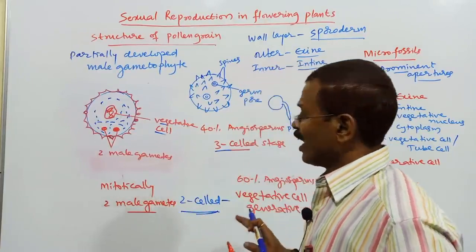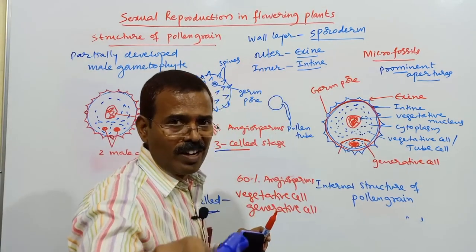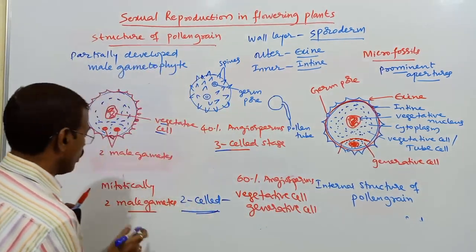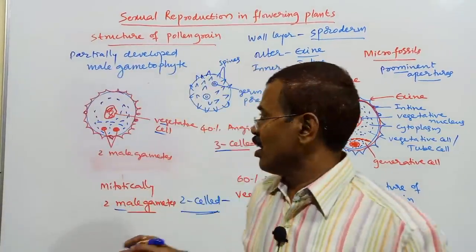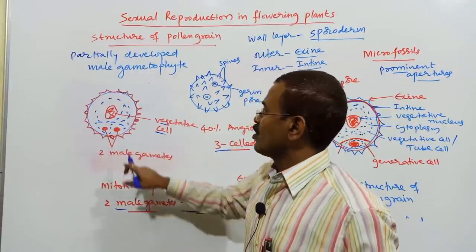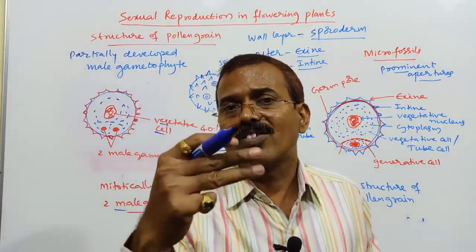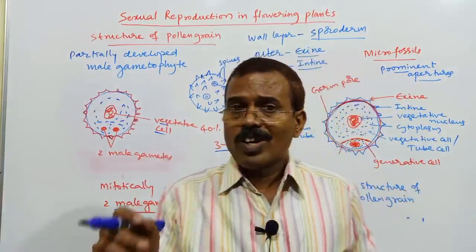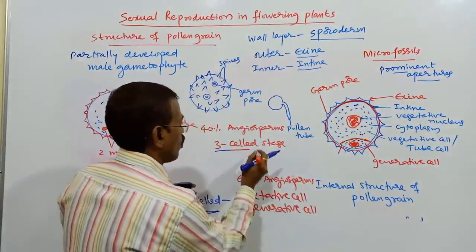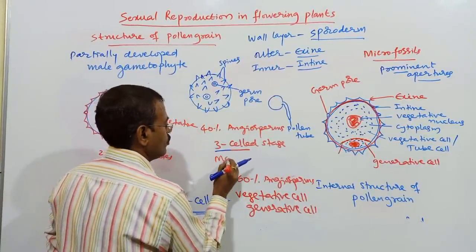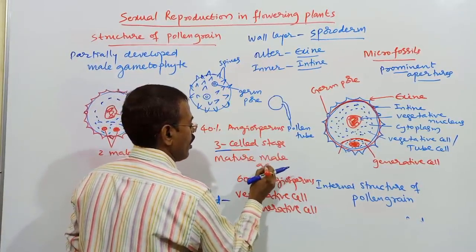As I told, the generative nucleus present in the generative cell divides mitotically and produces two male gametes. So you will see two male gametes and one vegetative cell, total three-celled stage. Three-celled pollen grain we call the mature male gametophyte.